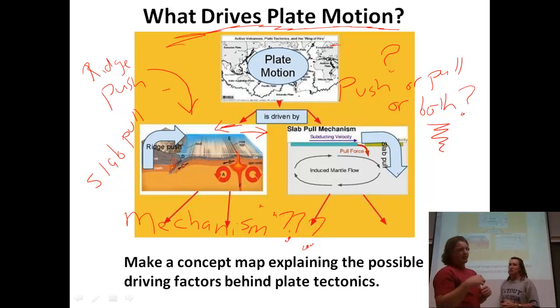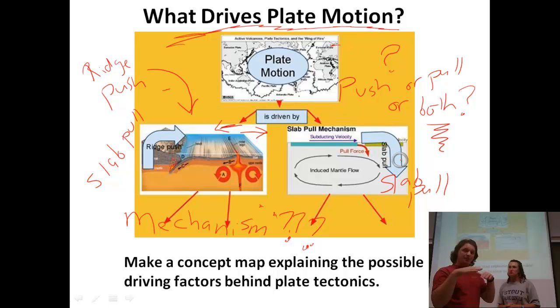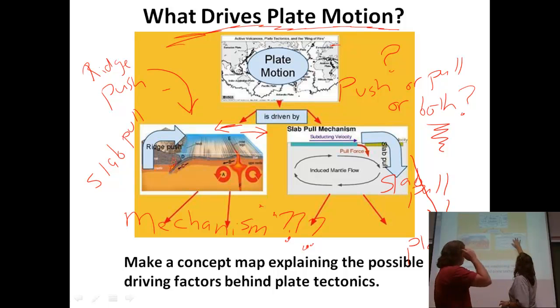Slab pull happens at a convergent plate boundary where one plate is subducting under another, an oceanic plate subducting underneath a continental plate, and that plate is being pulled into the Earth. The thought is that that's the driving force causing the plate motion. So it's the mass of this plate going down into the upper mantle that's pulling the whole plate behind it along.